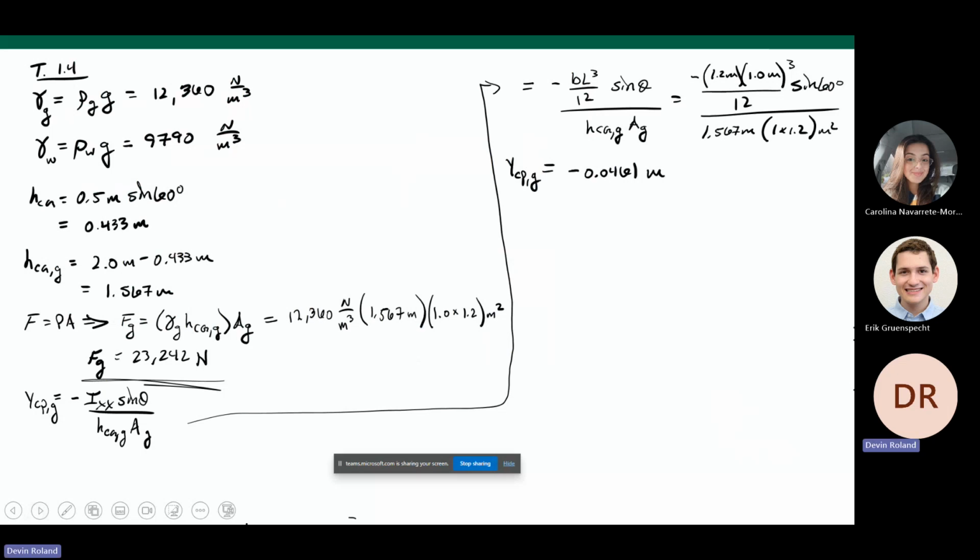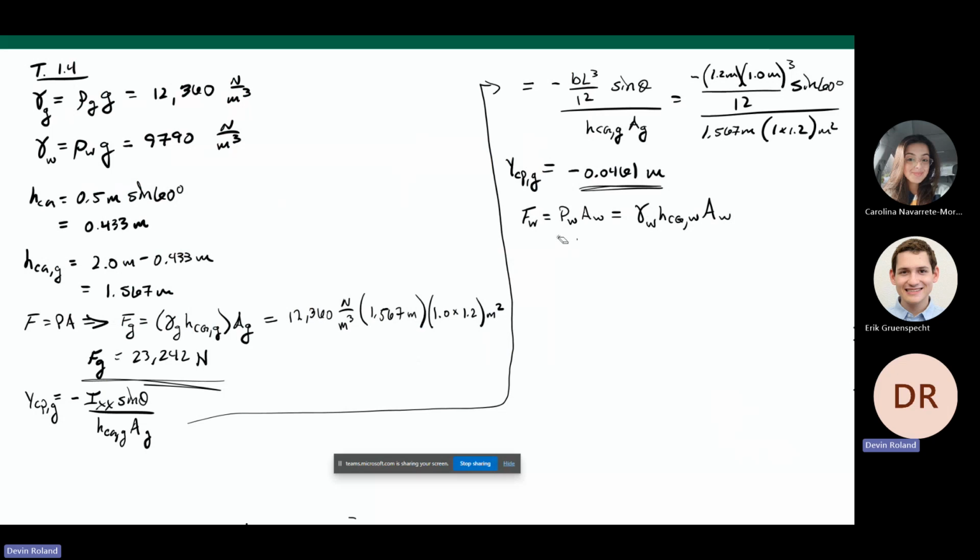Okay, so now we want to do the same for water. The force of water is going to be the pressure of water multiplied by the area of water, which is the specific weight of water multiplied by the height of the center of gravity of water, multiplied by the area of water.